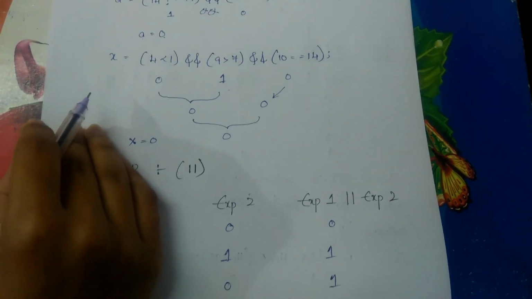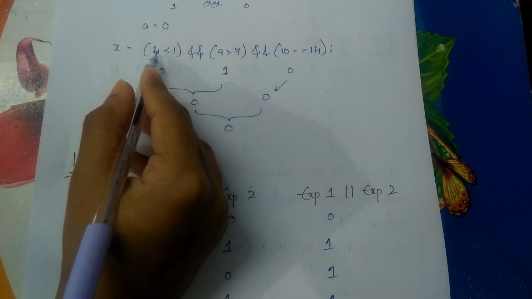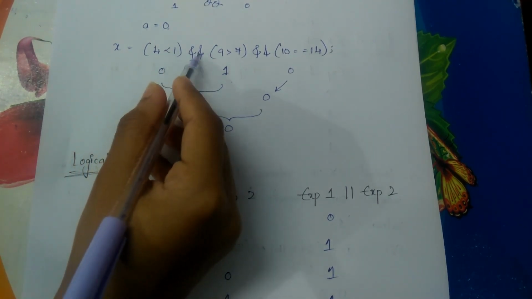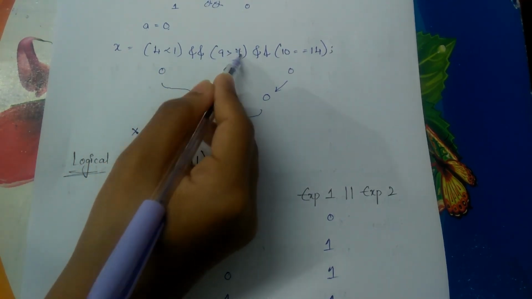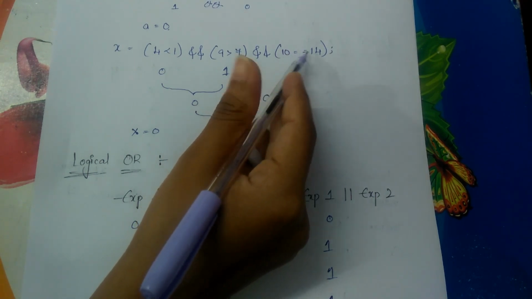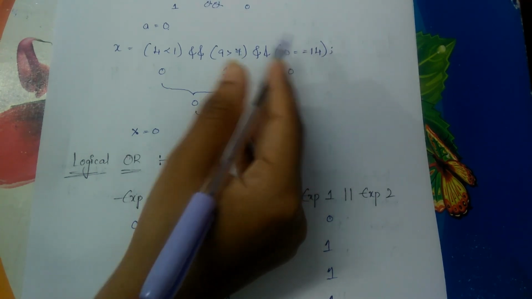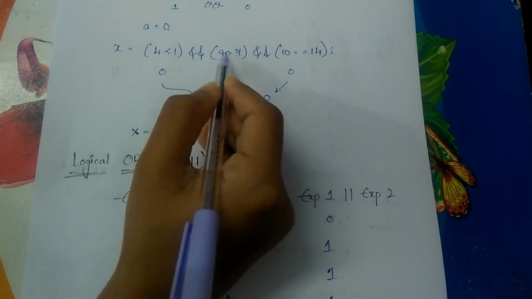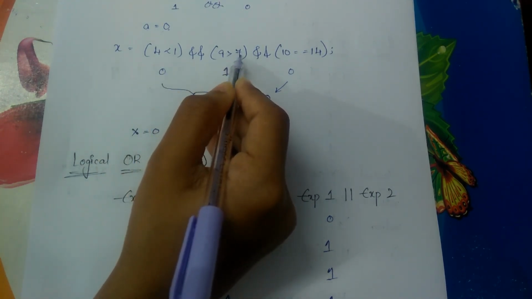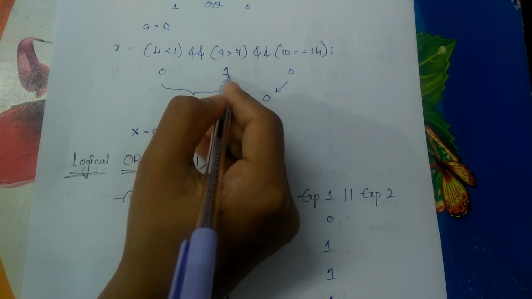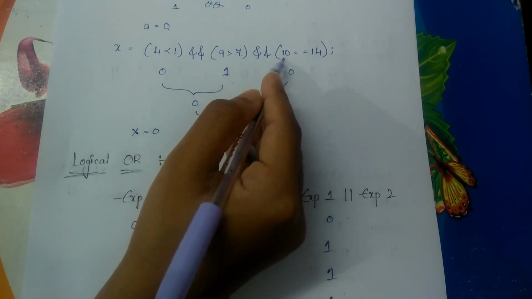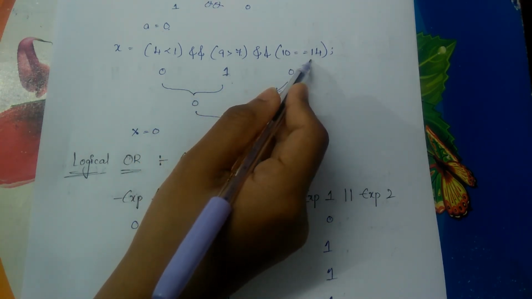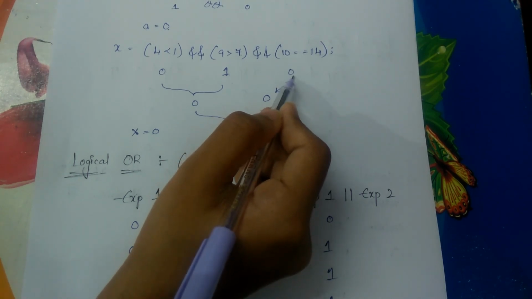Then the third example on the logical AND: x = 4 < 1 && 9 > 7 && 10 == 14. Now 4 less than 1 is false, so it returns 0. 9 greater than 7, the statement is true, so it returns 1. Next, 10 equal to 14, the statement is false, so it returns 0.